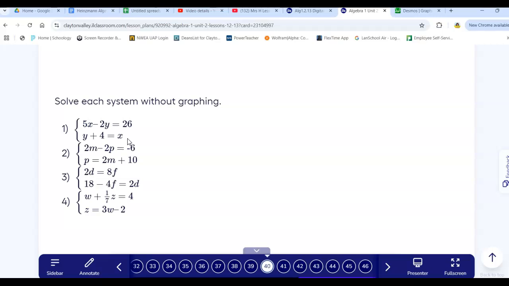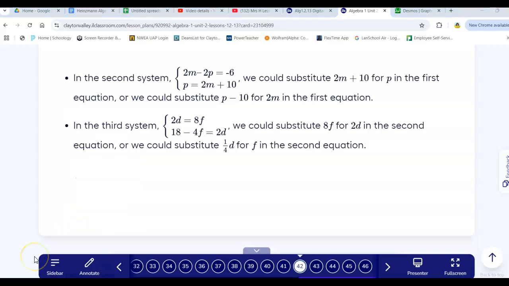And once you have a solution, at this point, these are all going to have solutions. You are going to have the point at which the two lines cross. And once again, if you look in this lesson, you can see they're telling you what you can do. They're giving you hints to help you. That's the purpose of these statements right here.